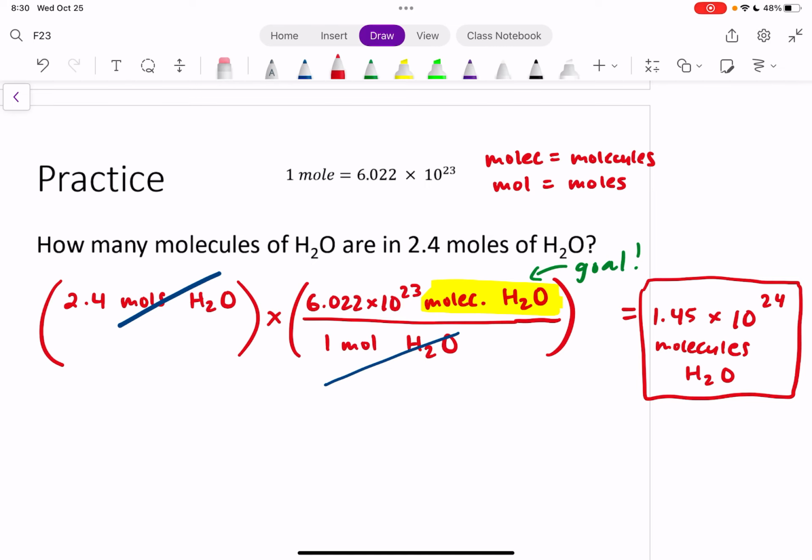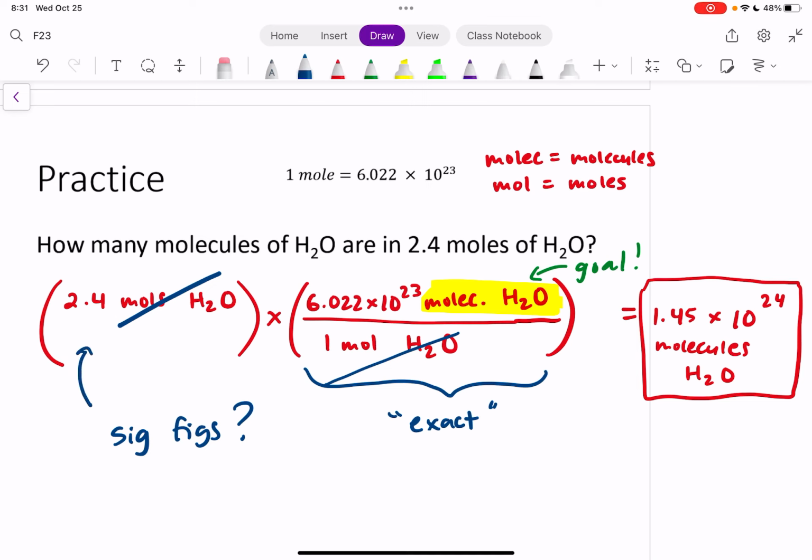Okay, now, if you were going to try to report this to the correct number of sig figs, how would we do that? The convention is that we consider Avogadro's number exact. So this here is an exact ratio. This is our only measured value.